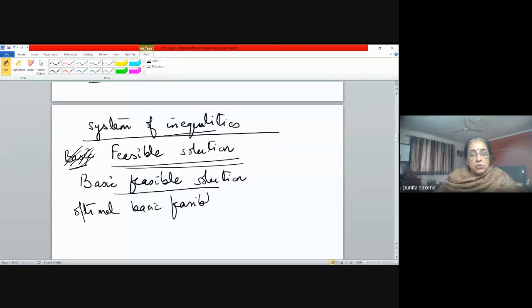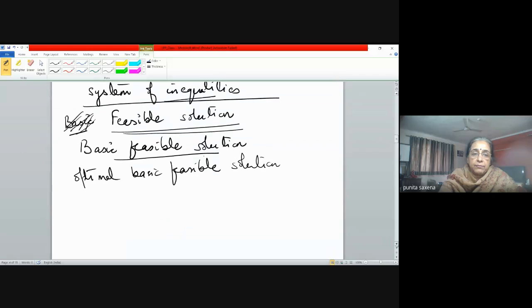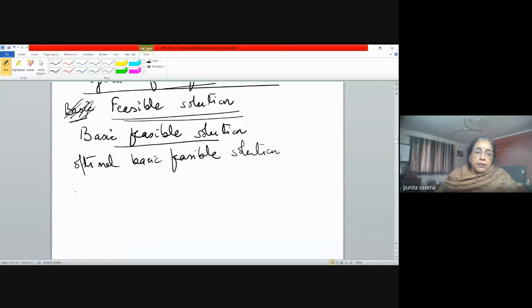Now, let's talk of feasible solution first. Okay, now supposing you have, go back to your system of equations. अभी inequalities को भूल जाओ. जब हमने matrices पढ़े थे, system of equations पढ़ी. Supposing you have system of equations. I'm talking of equations right away.